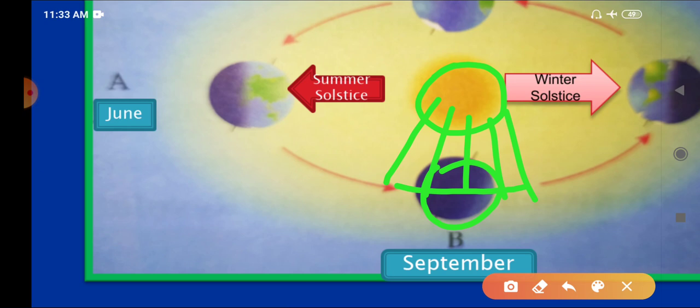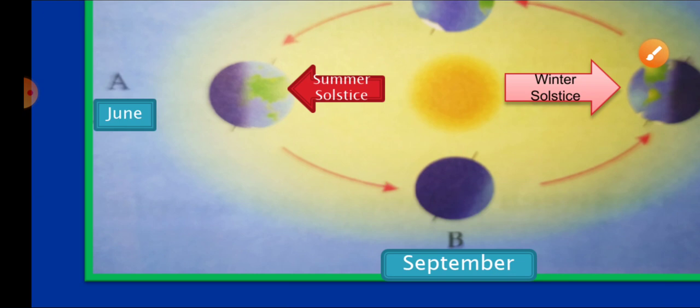So here you can see that on 23rd September the season is autumn in the northern hemisphere and spring in the southern hemisphere.